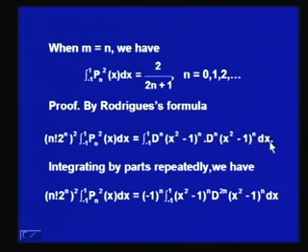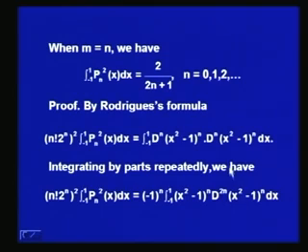When we do this integration by parts n times, the right hand side will become minus 1 to the power n times the integral over minus 1 to 1 of (x square minus 1)^n into d2n (x square minus 1)^n dx.